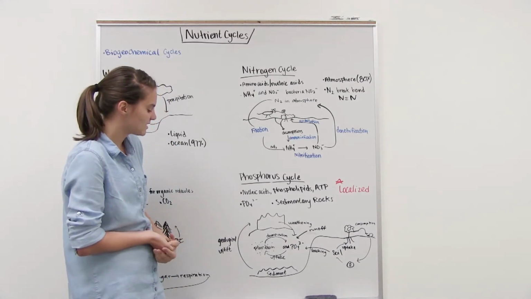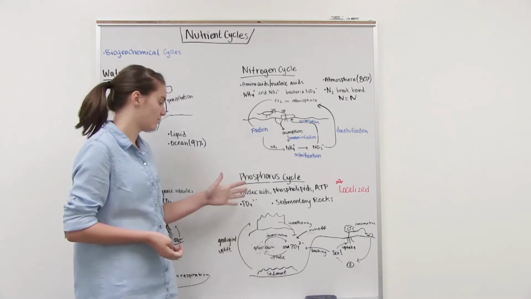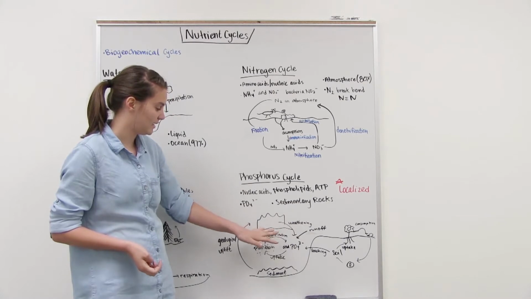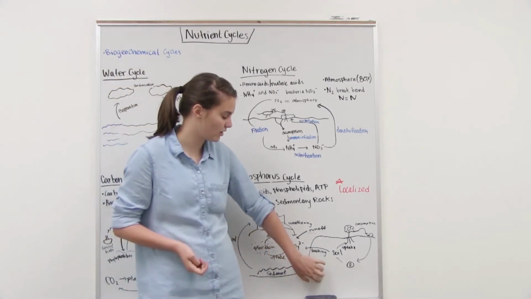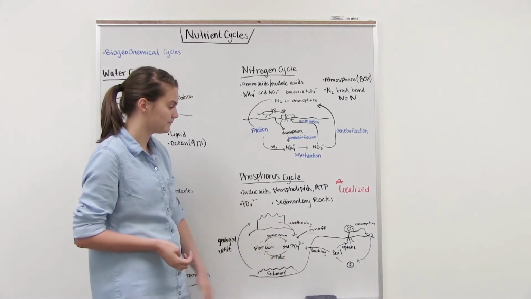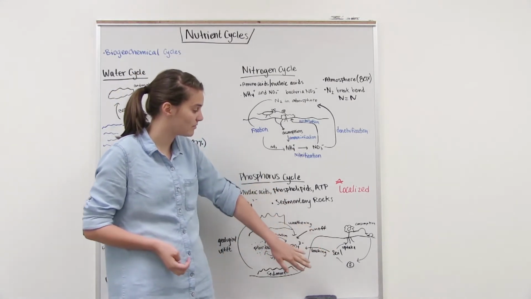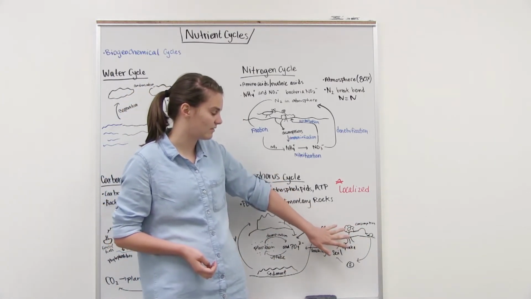And so the process that happens is we have sediment that can be geologically uplifted, and then weathering and runoff occurs, and so we're able to get that into the oceans. And then we also can have phosphate in soil that could be leached into the water. And so we can have phosphate being uptaken by plants from the soil, and then different living organisms consuming those plants and getting the phosphate that way.